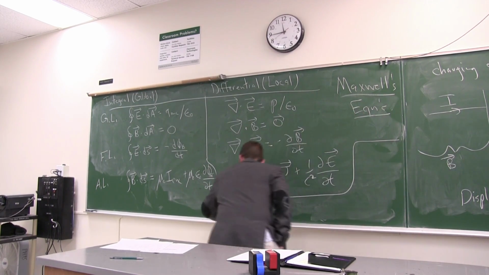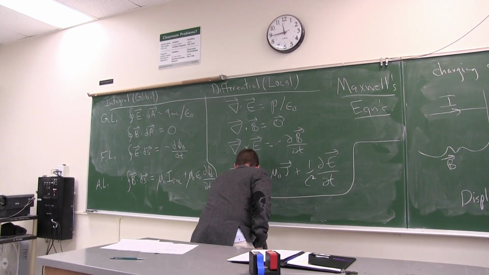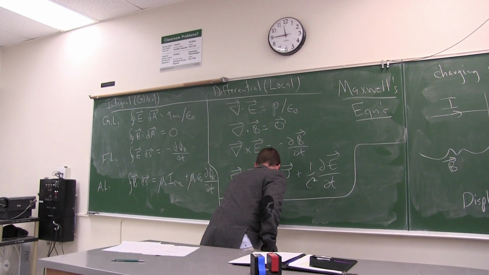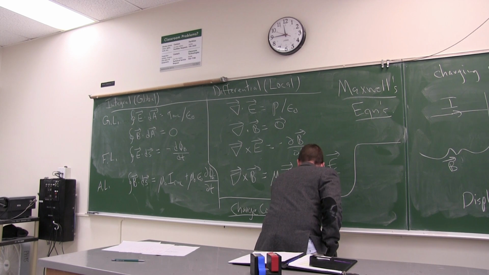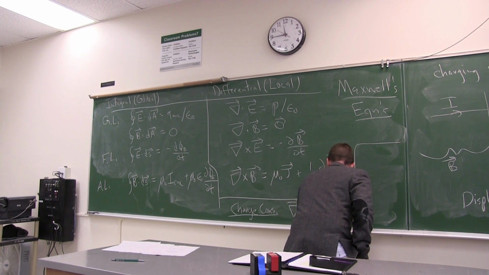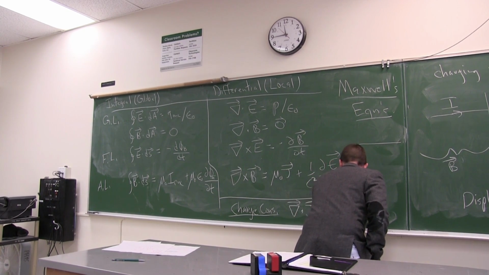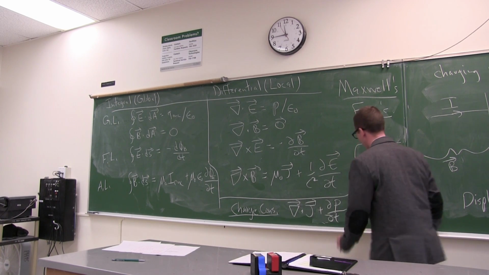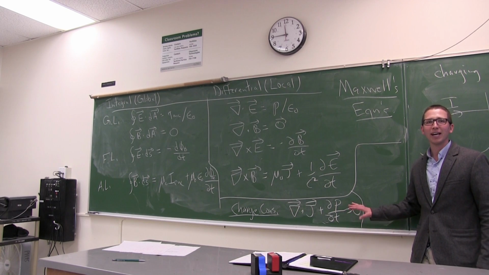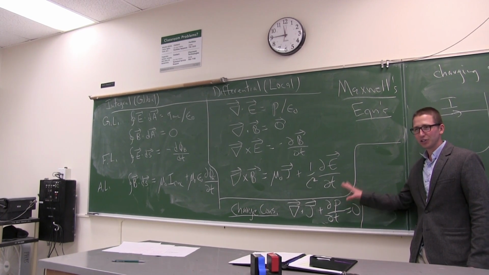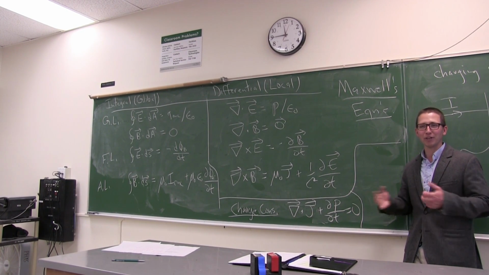So charge conservation basically can be written as the divergence of J plus partial rho with respect to t equals 0. This is just a statement of charge conservation. And again, I just wanted you to see it, but we don't have to actually use it for anything.